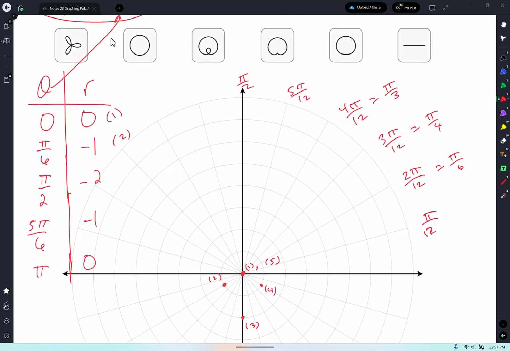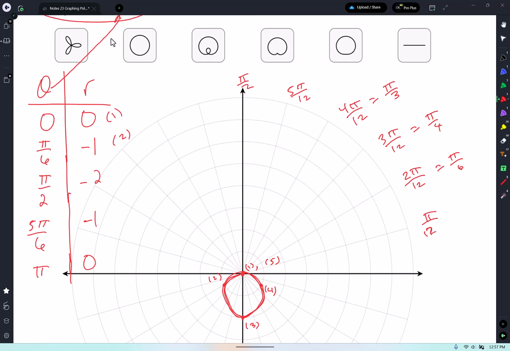Okay, I'll slow down, guys. Because this is polar, this is going to create a nice curve like this. There we go. What shape does that look like? I might have messed it up a little bit.